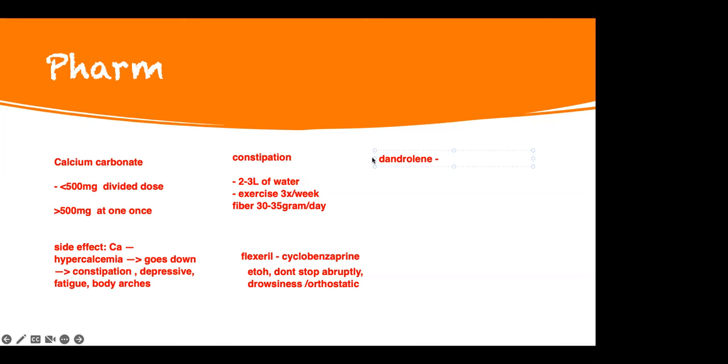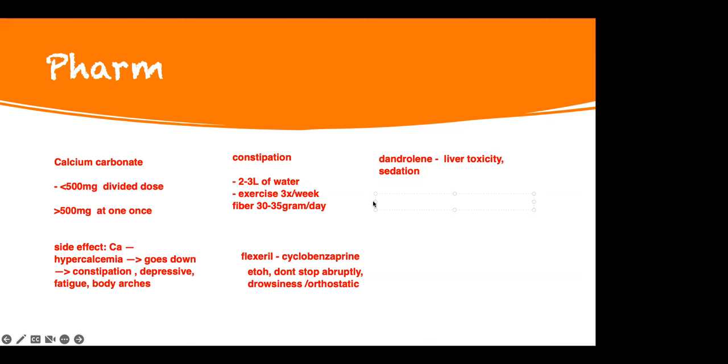The key side effect is liver toxicity. Okay, you can't do that. And it also causes sedation. All of them, no alcohol, don't stop abruptly, and they cause dizziness. Those are key for all of them.